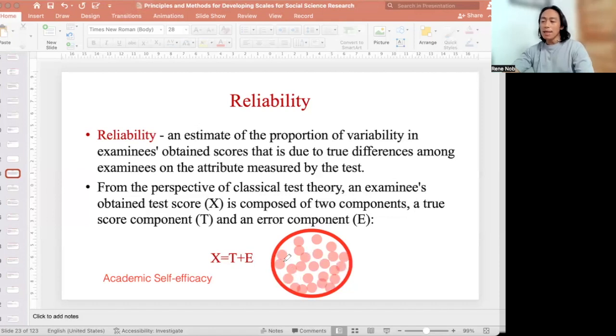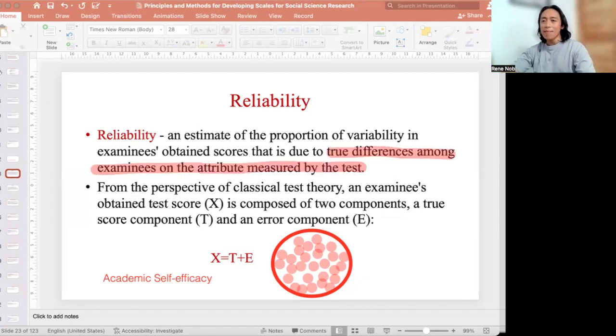So the bottom line is that we expect that there would be variability in the true score or the true level of self-efficacy in a group of students. And that would be this one, true differences among examinees on the attribute measured by the test.